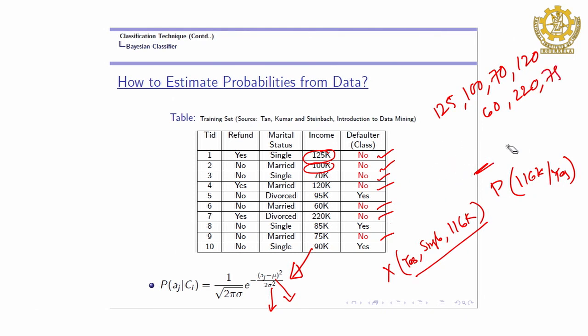All these values belong to class no. For these you compute the mean and then the standard deviation.